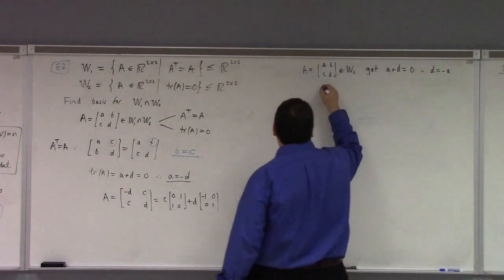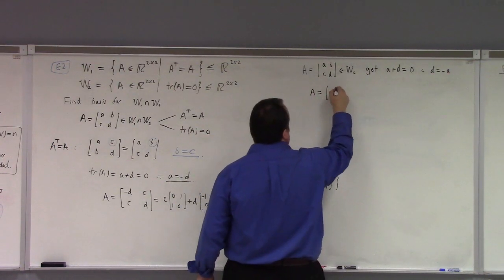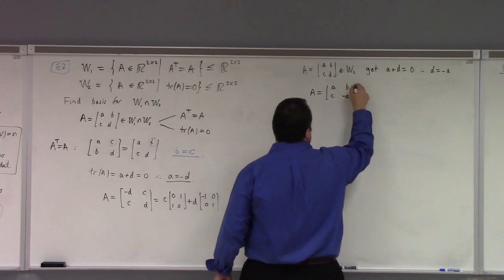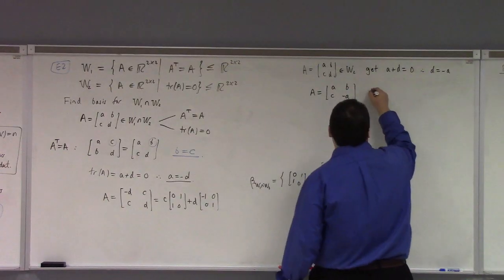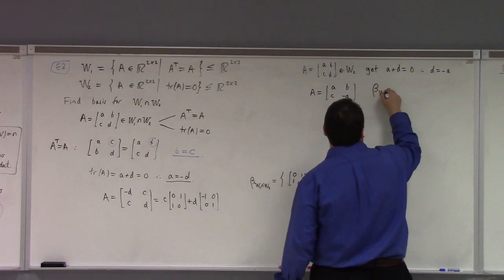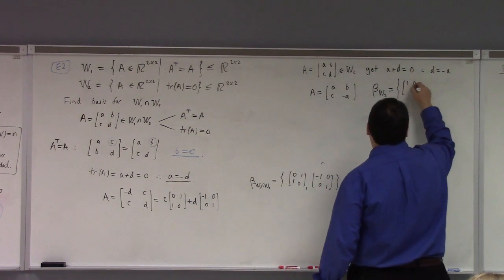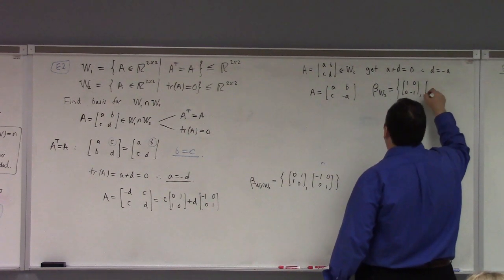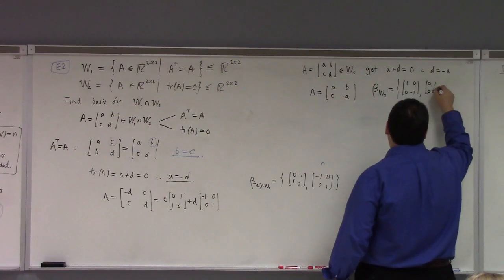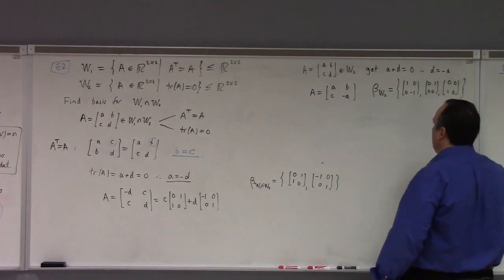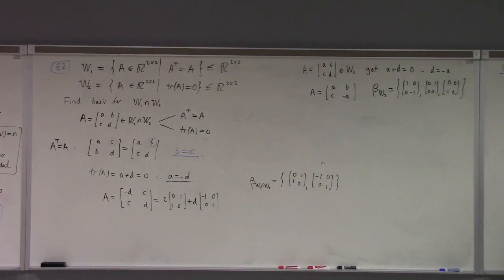So we get A is a, b, c, minus a, right? So my basis for W2 alone, I could write as [1, 0; 0, -1], and then [0, 1; 0, 0], and [0, 0; 1, 0] if you like. So there's a basis for W2. What's the basis for W1 here?